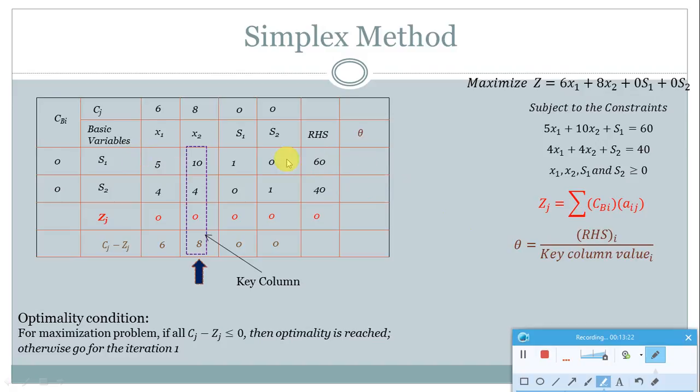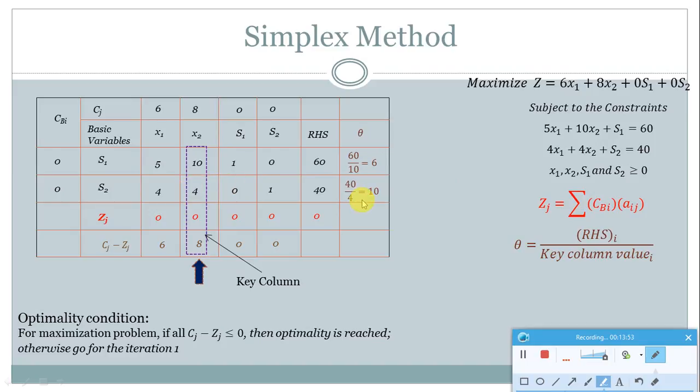So for row 1, RHS of row 1, 60, divided by 10, that is equal to 6. Similarly, the value of theta for this row will be 40 divided by 4, that is equal to 10.